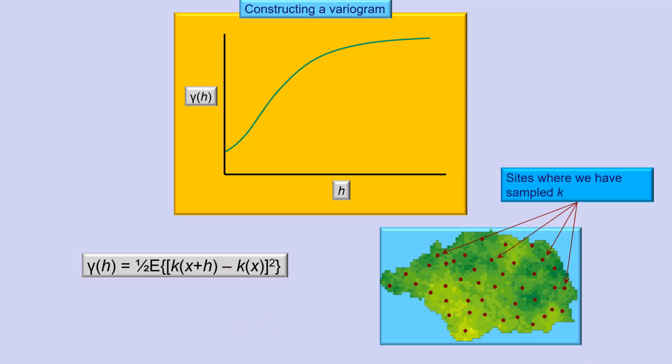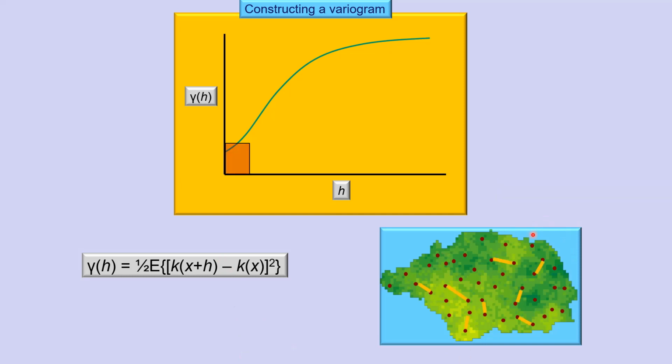So the first thing is, let's look at all points which are a small distance apart. Distance between here and here. Let's go to our database and look at the difference in properties squared through all points which are a certain distance apart. And then we can average those differences in properties squared, and come up with the value of the variogram as it pertains to that distance.